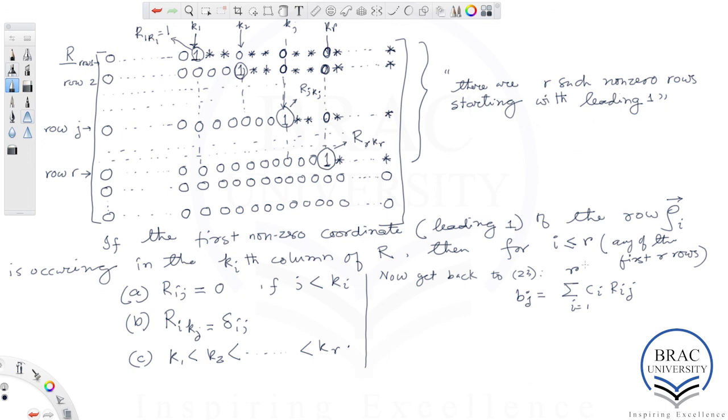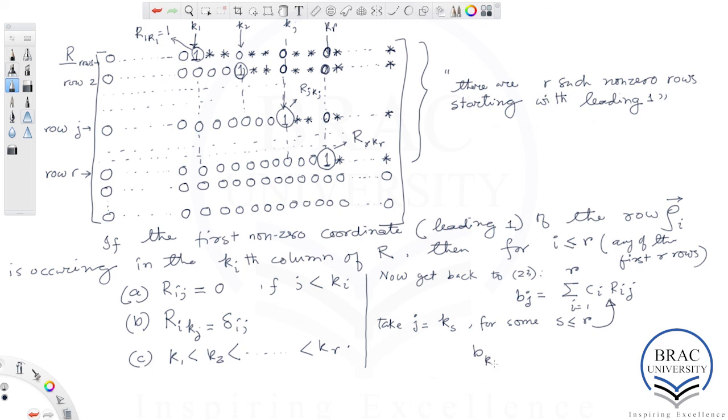Now here take j to be equal to K sub s for some s less than or equal to r. In this equation, we just replace j with K sub s.